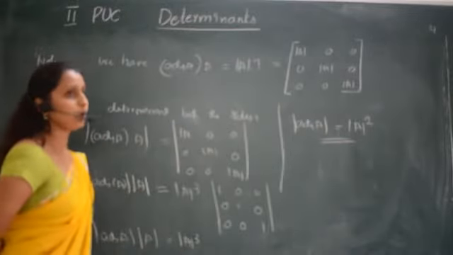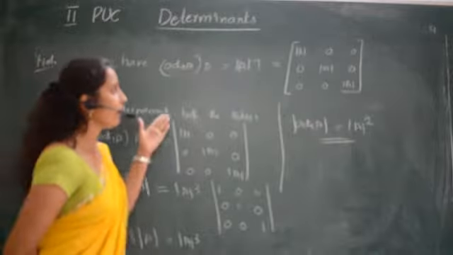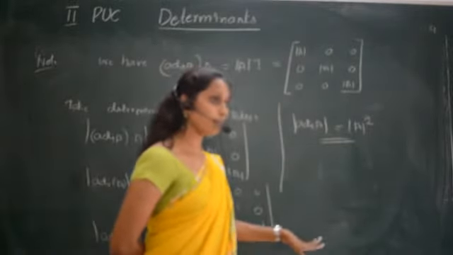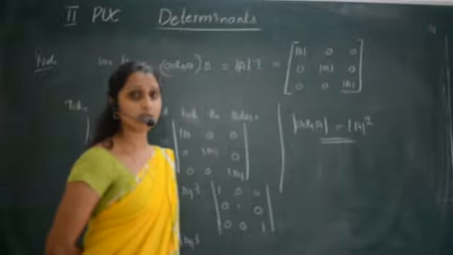So this is a very important result: determinant of adjoint A is equal to determinant of A square. Here we have taken A as a square matrix of order 3 by 3. Adjoint A is defined only for square matrices, so there is no need to mention again that it is a square matrix.